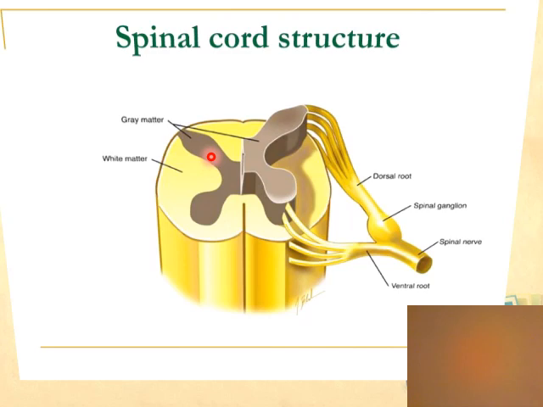We have the two horns. Here is the dorsal side and here is the ventral side. On the dorsal side we have dorsal horns, and on the ventral side we have ventral or anterior horns.